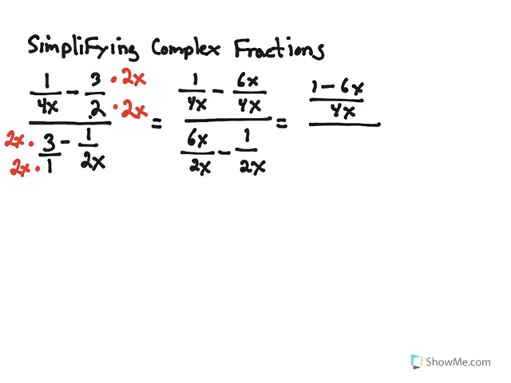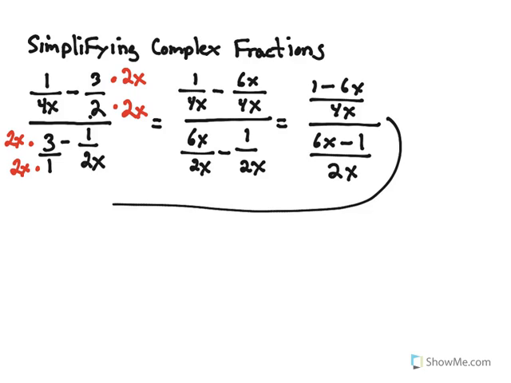So our common denominator is now 2x. Again, we can write this as one fraction. So 6x minus 1 over 2x. And now you have simplified the two fractions into one in both the numerator and denominator. Again, I'm going to just continue down here.